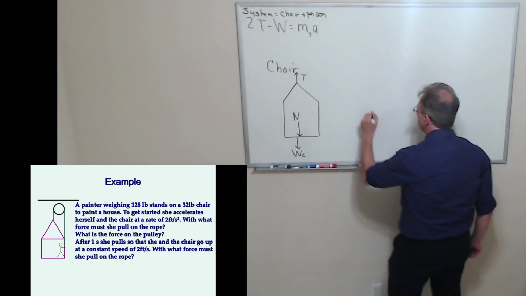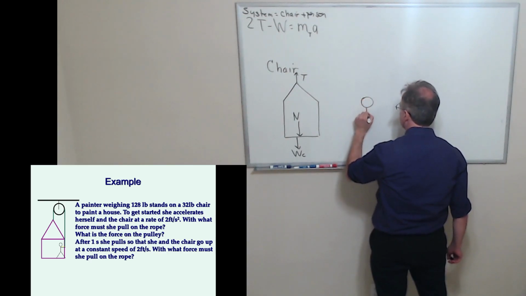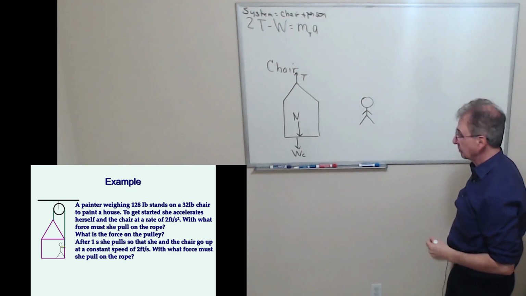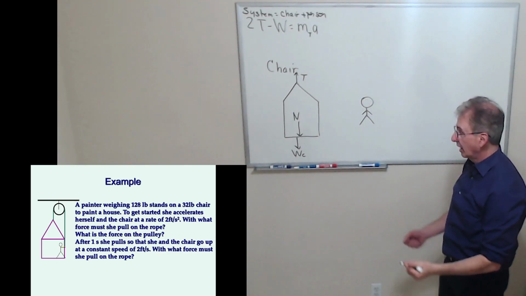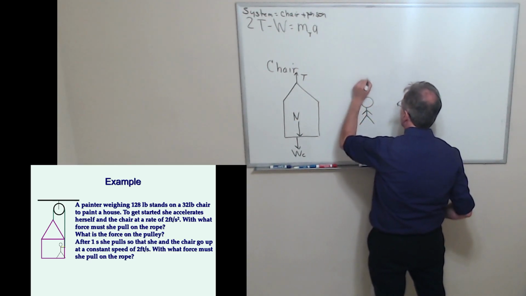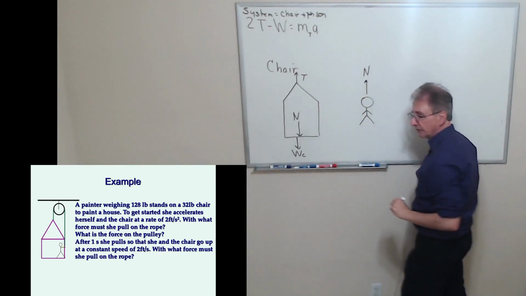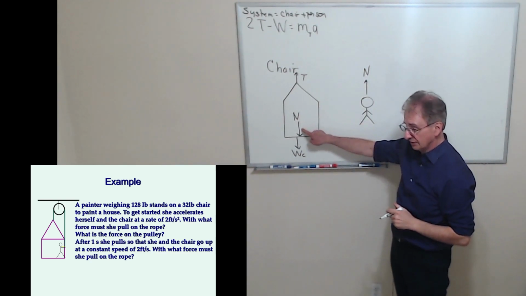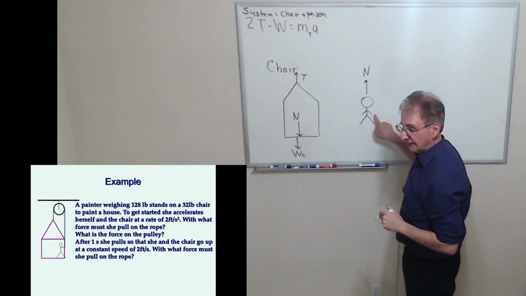Now let's draw the forces acting on the person. What are the forces acting on the person? Well, the person's standing on the chair, and so there's a normal force of the chair on the person. This is the reaction force to this.